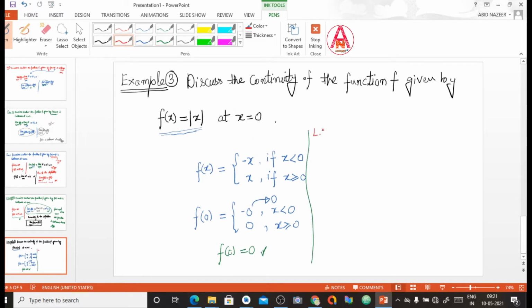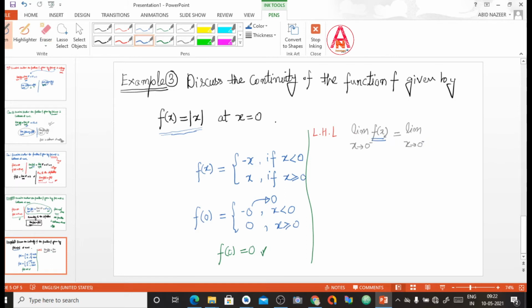Left hand limit, LHL, that is the limit as x tends to 0 minus of f(x) is equal to the limit as x tends to 0 minus, and in place of f(x) we can put mod x.